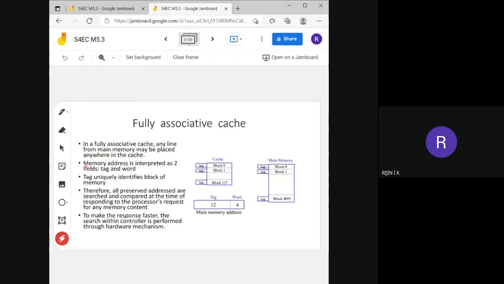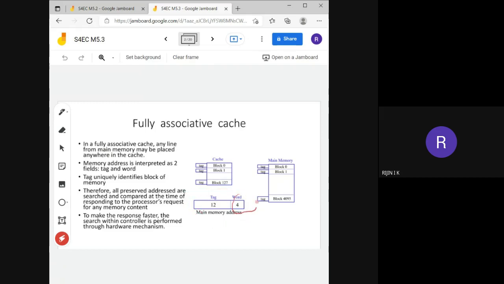Okay, the memory address here is interpreted as 2 fields, because the main memory block can be placed anywhere in the cache memory. Here in this example, it is a 16-bit memory address.